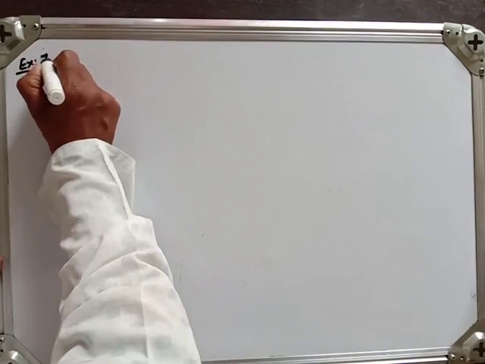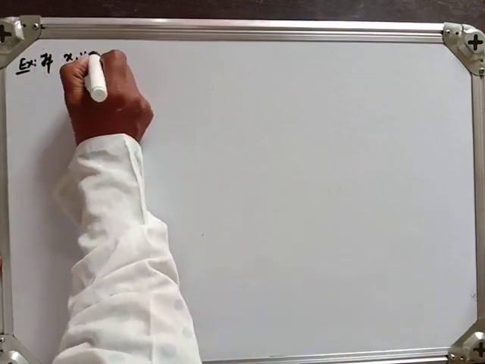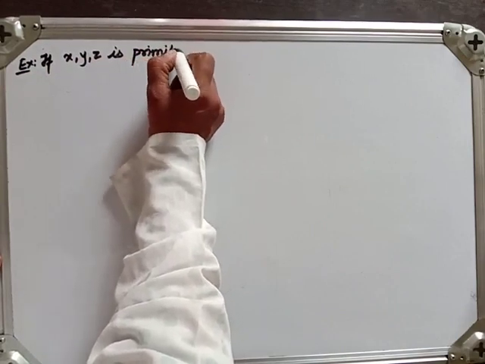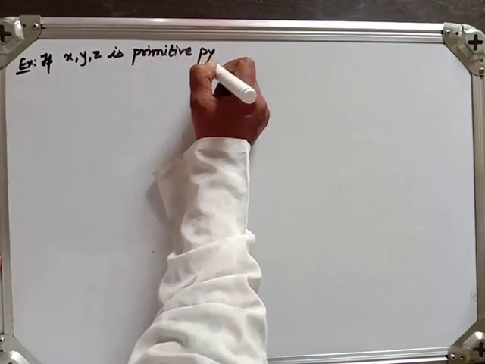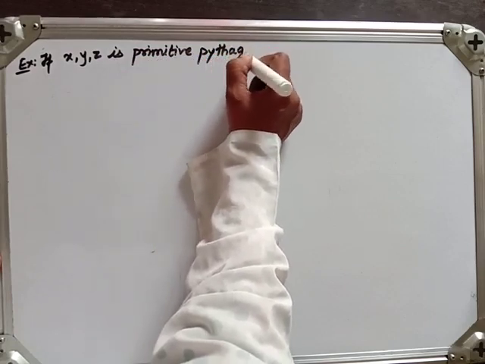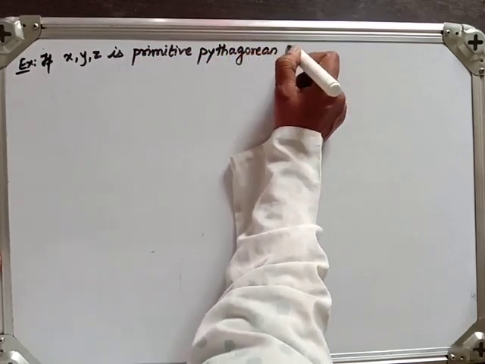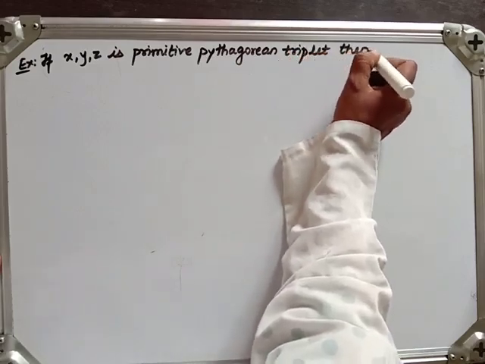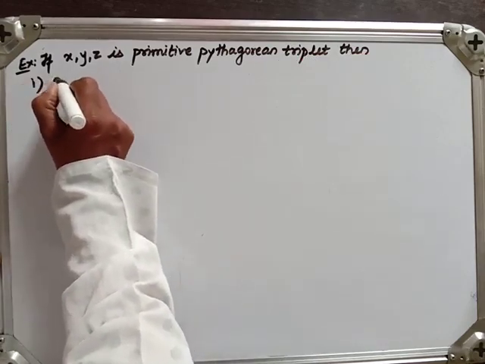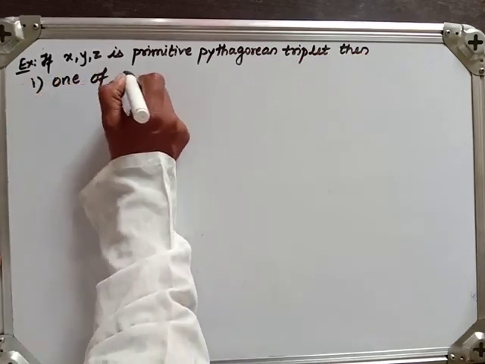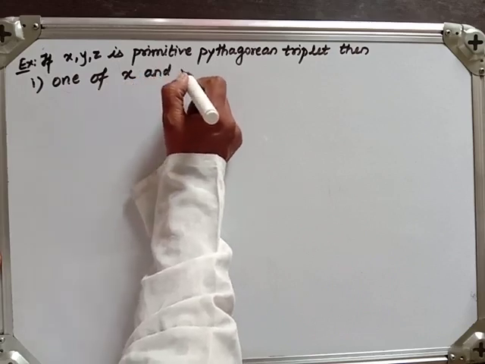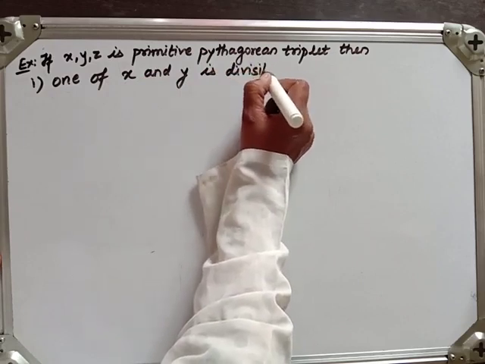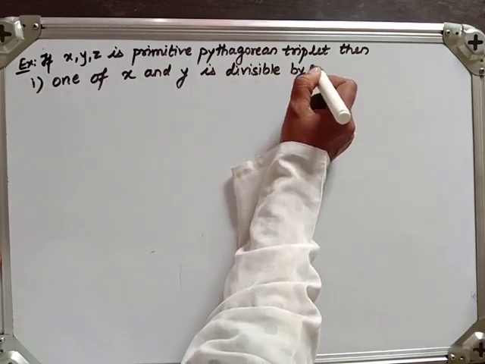If x, y, z is a primitive Pythagorean triplet, then first, one of x and y is divisible by 3.